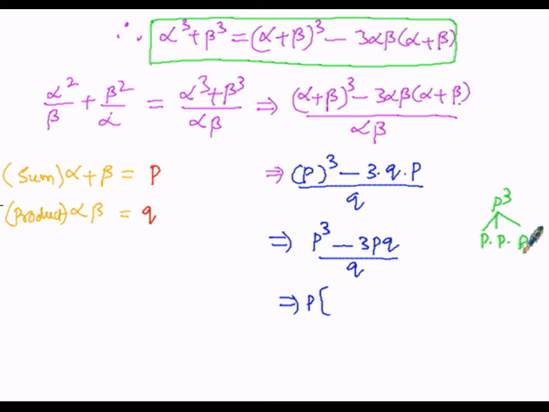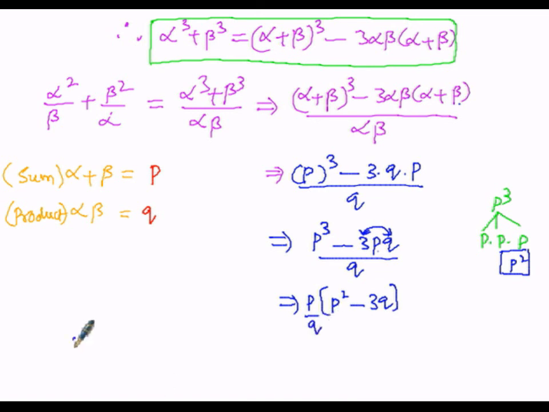Out of 3 p's, I have taken 1 p as common, then the 2 more p's are left over, written as p square. So minus, p is already taken out as common, just 3q is left over, overall divided by q.